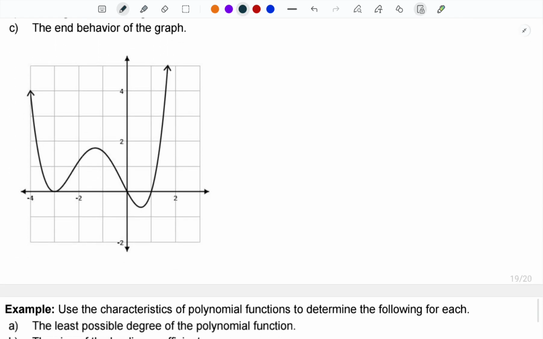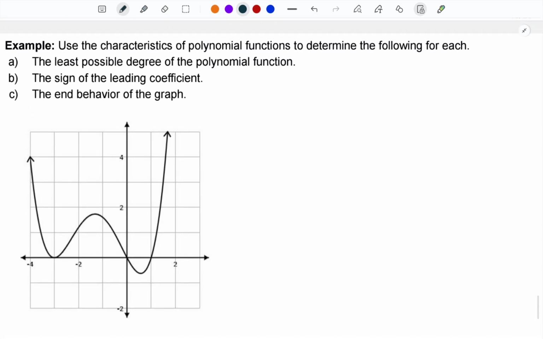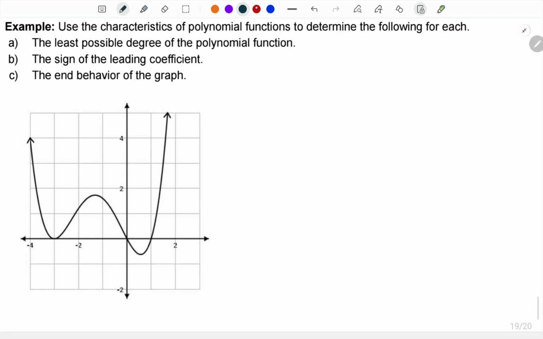And let's continue. So use the characteristics of polynomial functions to describe and determine the following for each: the least possible degree of the polynomial, the sign of the lead coefficient, the end behavior of the graph. So for now, let's just take a look at the minimums and the maximums.